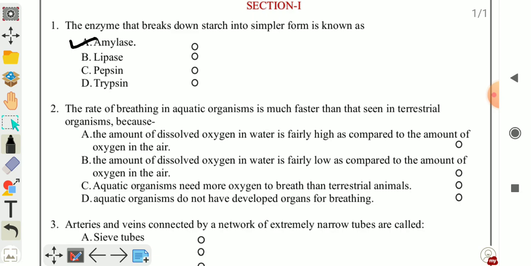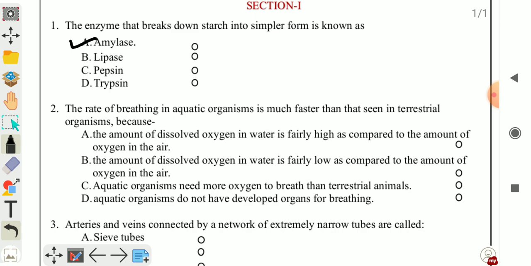Question number 2. The rate of breathing in aquatic organisms is much faster than that seen in terrestrial organisms because A. the amount of dissolved oxygen in water is fairly high as compared to the amount of oxygen in the air. Wrong. B. The amount of dissolved oxygen in water is fairly low as compared to the amount of oxygen in the air.